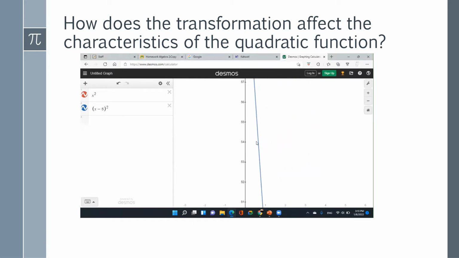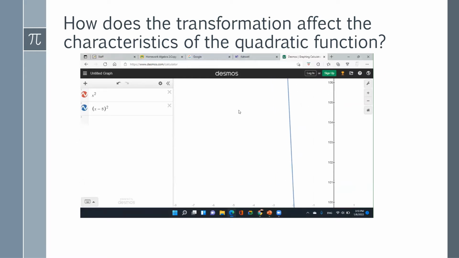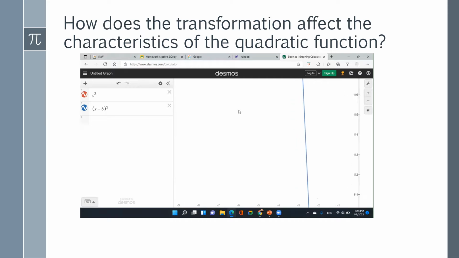Again, the blue is the transformation. It changes the intercepts. And of course it changes the x-intercept too, which it just touches but doesn't cross. And this is just letting you know that the graphs still keep going and going and going.